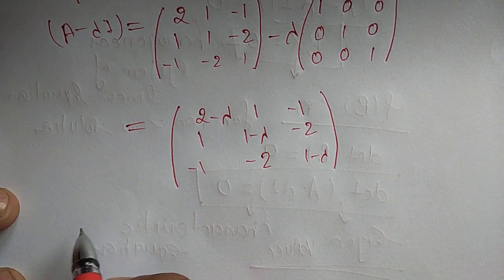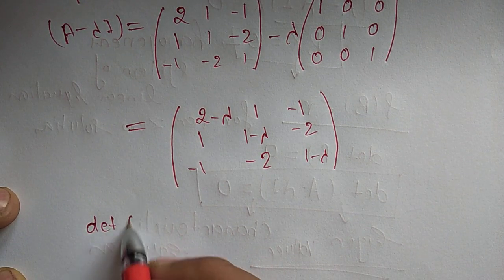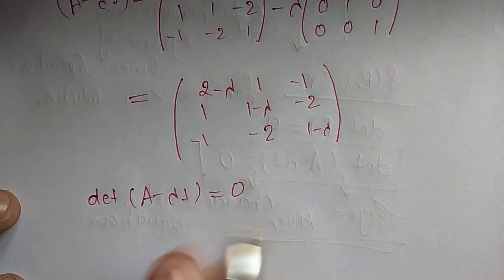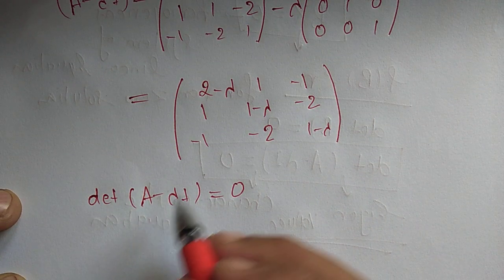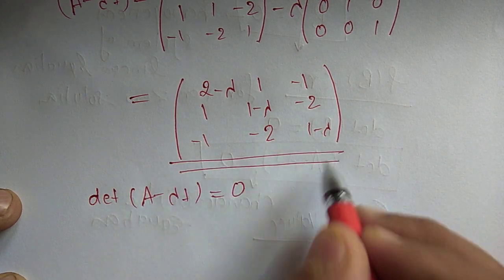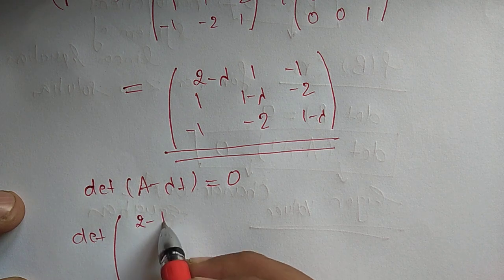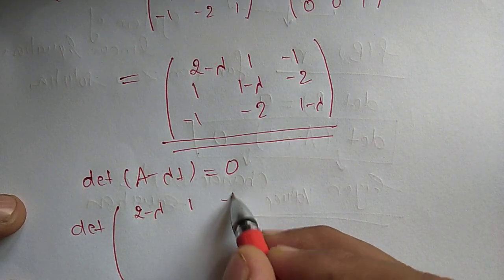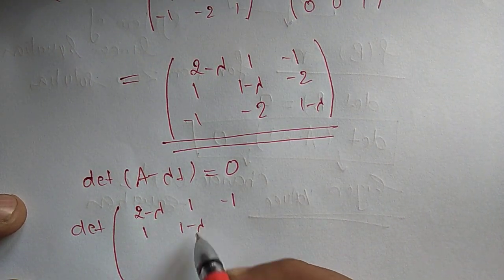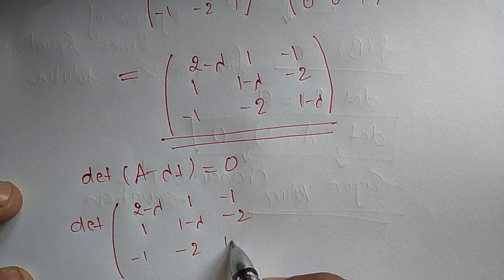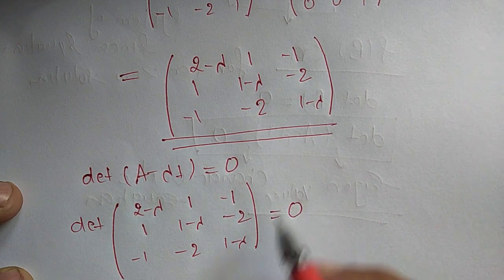Now determinant of (A minus lambda I) equal to 0. The determinant of this matrix, with rows 2 minus lambda, 1, minus 1; 1, 1 minus lambda, minus 2; minus 1, minus 2, 1 minus lambda, equal to 0.